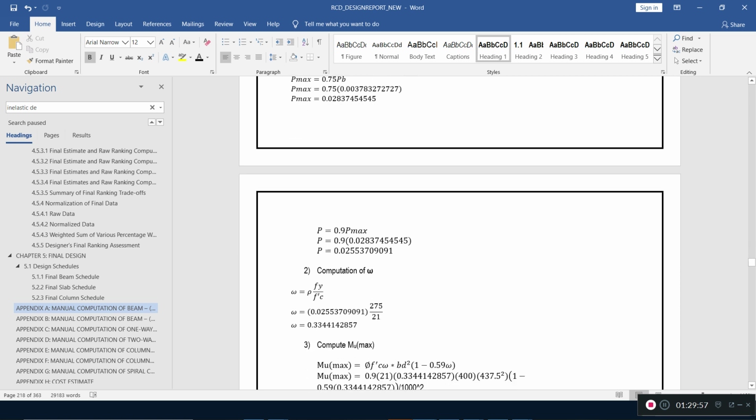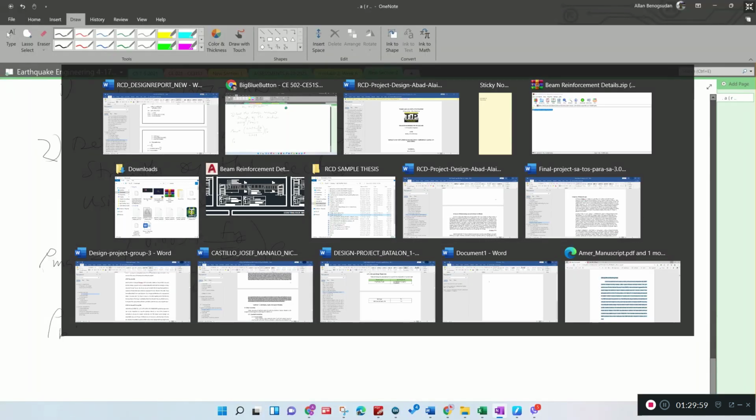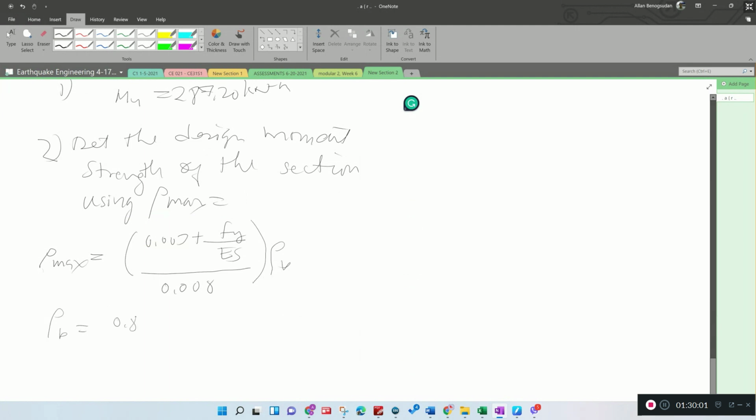But let us consider what's rho balance. Rho balance is equal to 0.85 multiplied by beta sub 1, then multiplied by f'c over Fy, multiplied by 600, then 600 plus Fy, okay, plus Fy.